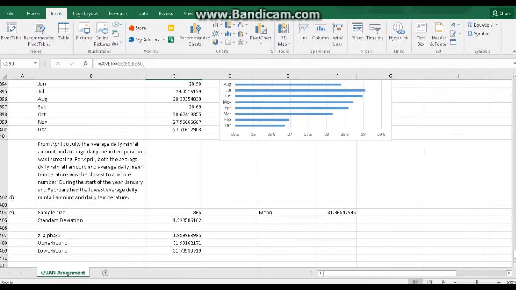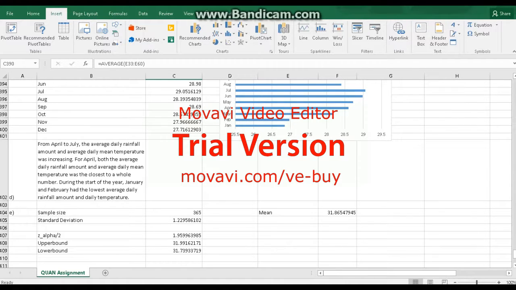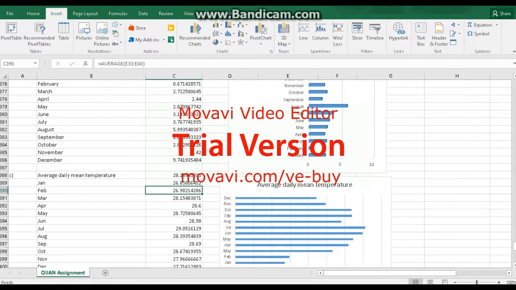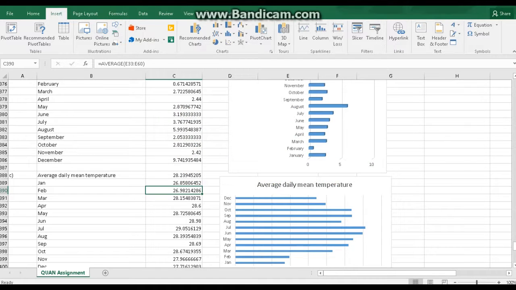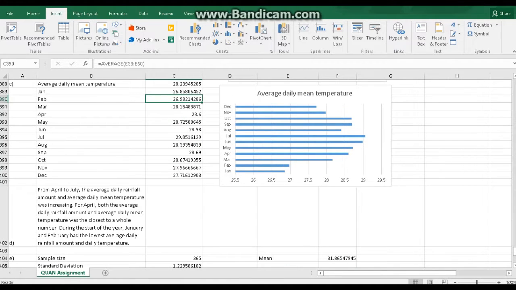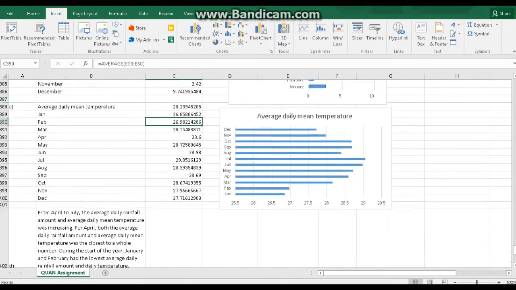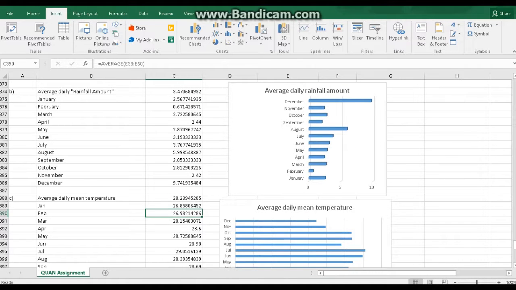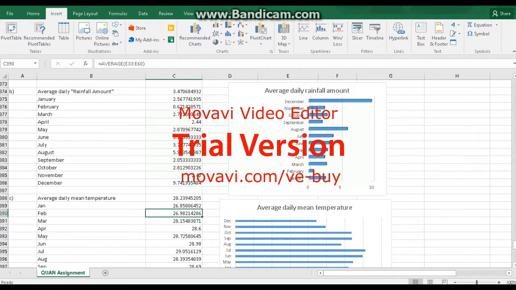For part D, from April to July, the average daily rainfall amount and average daily mean temperature were increasing for both charts. For April, the data recorded was closer to a whole number compared to others.